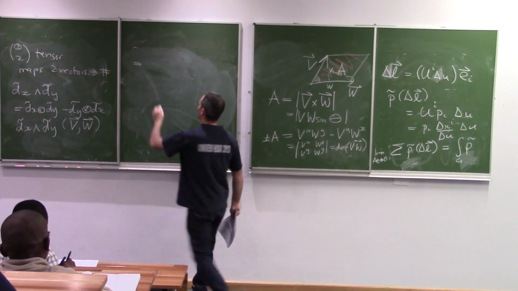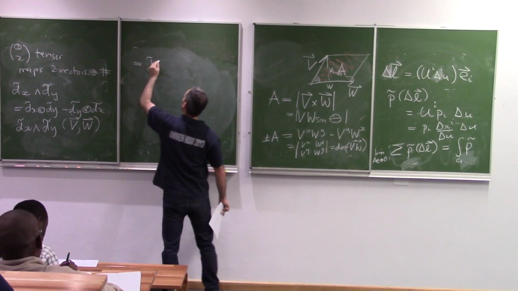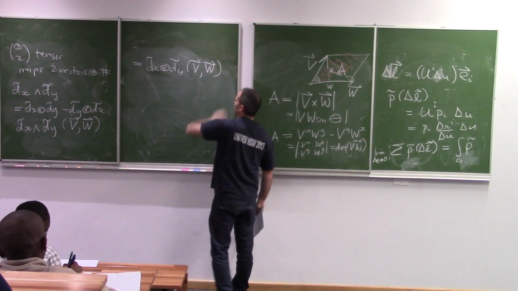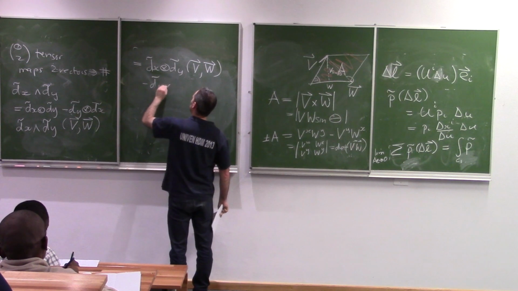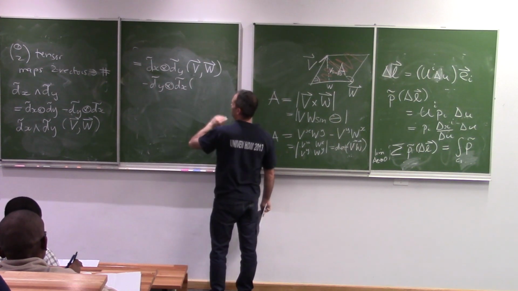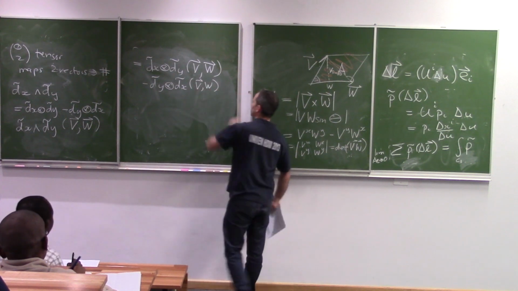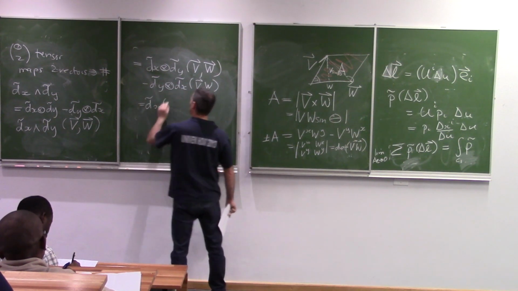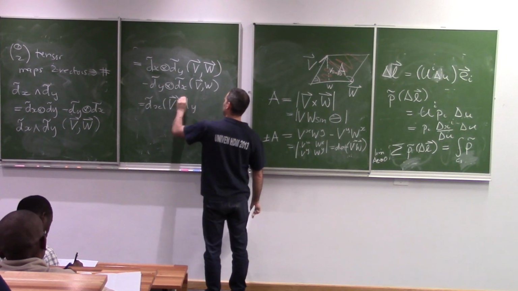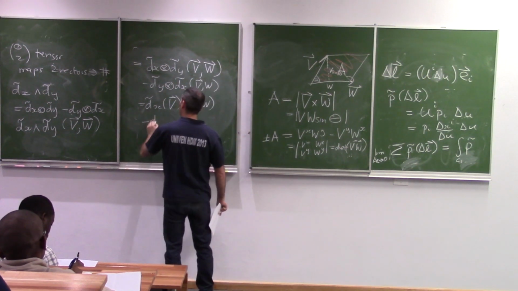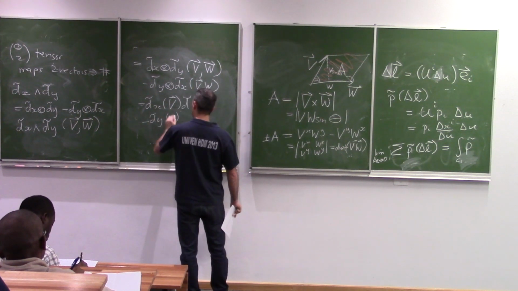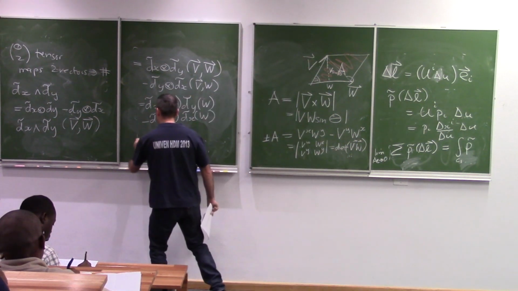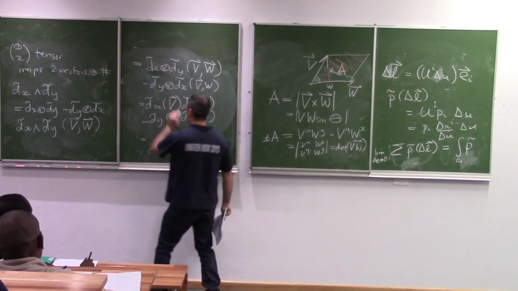From its definition, this is dx tensor dy acting on v and w, minus dy tensor dx acting on v and w. And from the definition of the tensor product, this is dx acting on v times dy acting on w, minus dy acting on v times dx acting on w.